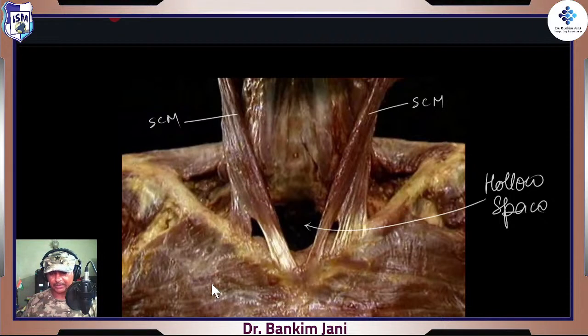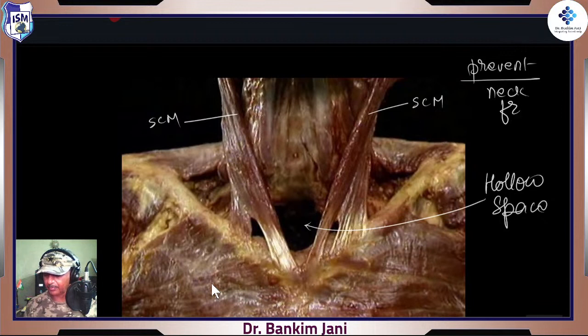So that's the reason if you have seen those boxers, they really do neck exercises so that their necks are so powerful. It is this sternocleidomastoid which will keep the neck from falling behind. So these SCMs prevent the neck from falling behind.